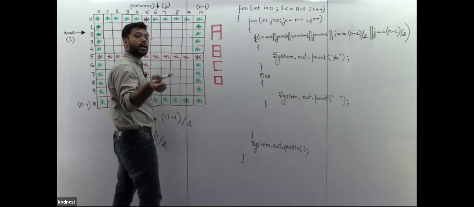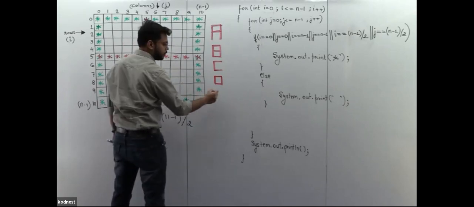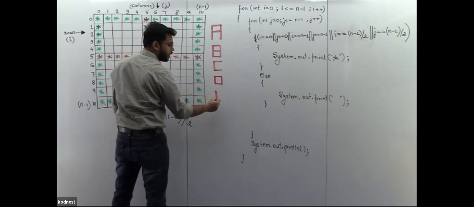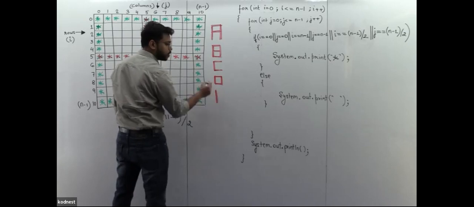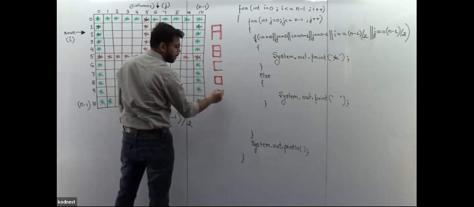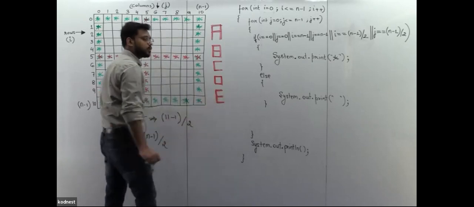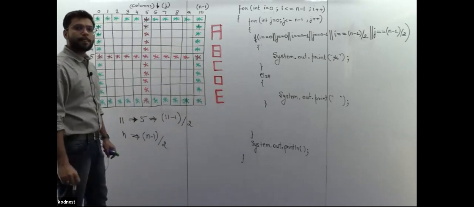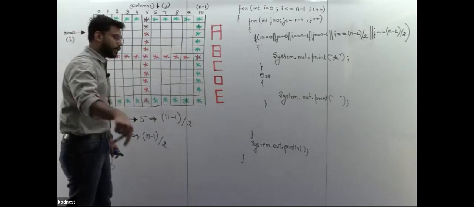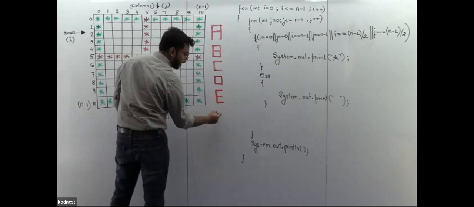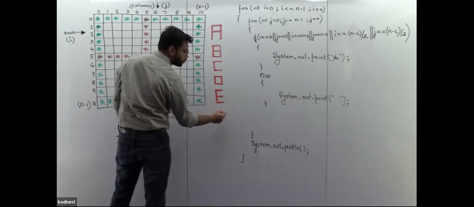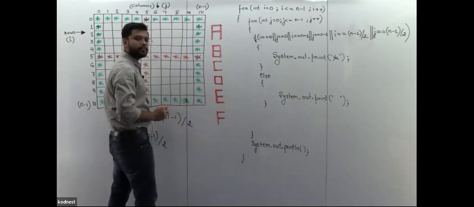If you want, you can also print E, which is this: i or j equals 0, i equals 0, i equals (n minus 1) divided by 2, i equals n minus 1. If you want, you can print F also: i or j equals 0, i equals 0, i equals n minus 1.